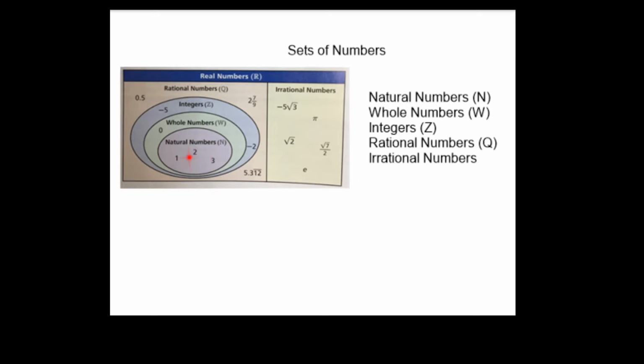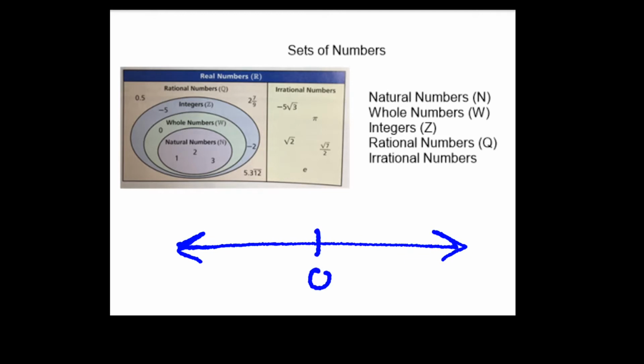Then, from here, if we add the number 0, we have the group that is known as whole numbers. Whole numbers include natural numbers, but they also include that number 0. So this is pretty much, if you had a number line, draw a number line here.